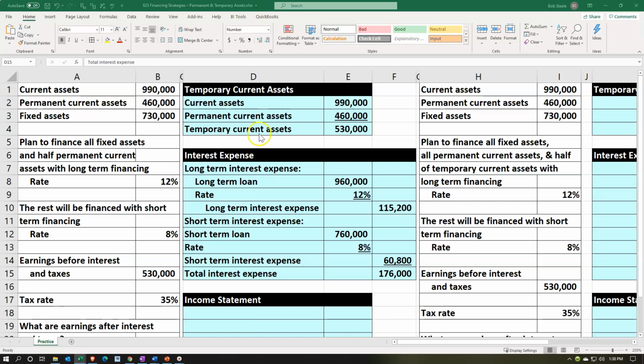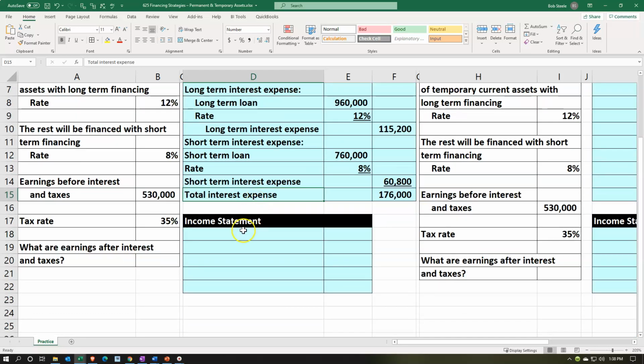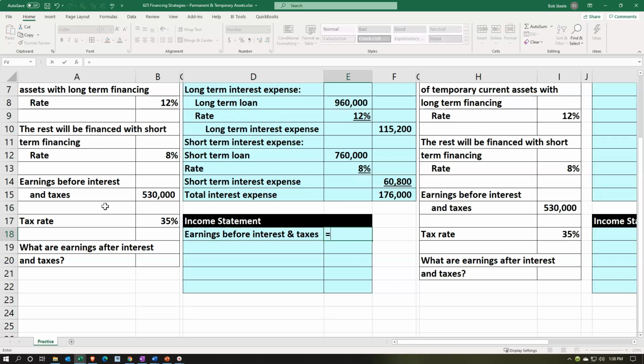All right, now let's do our little income statement, starting with the earnings before interest and taxes, basically net income before we consider the change that we had here, the interest expense, and then the taxes. So we're going to say earnings before interest and taxes is going to be equal to this 530,000.